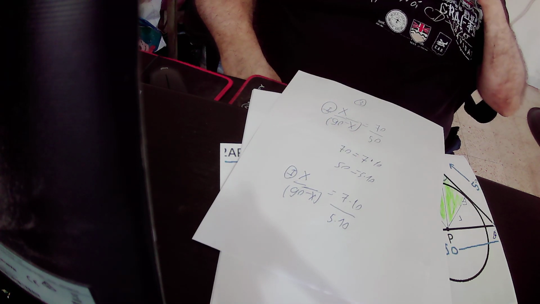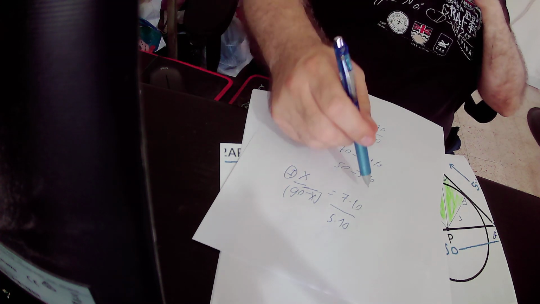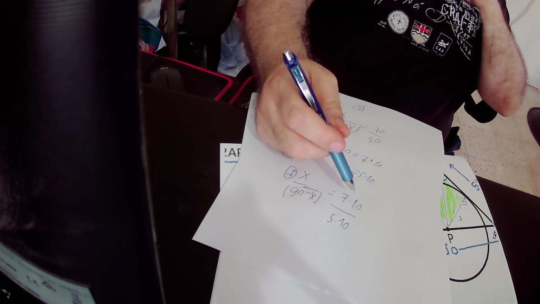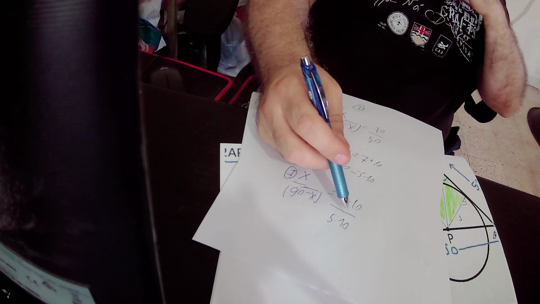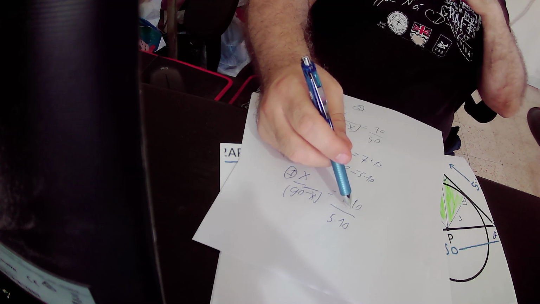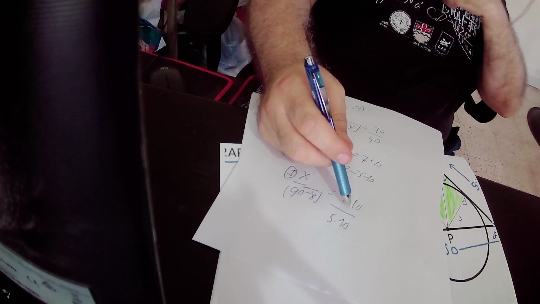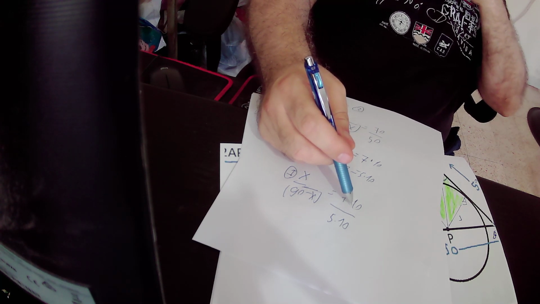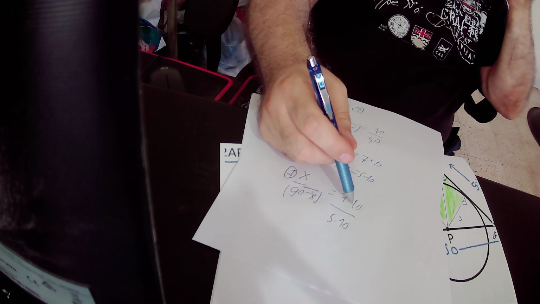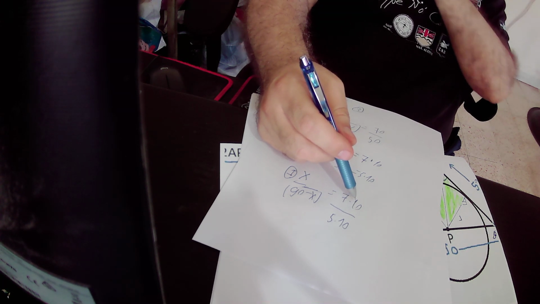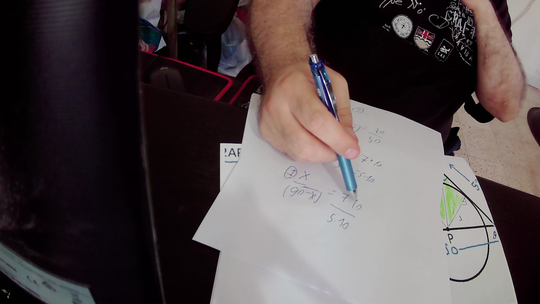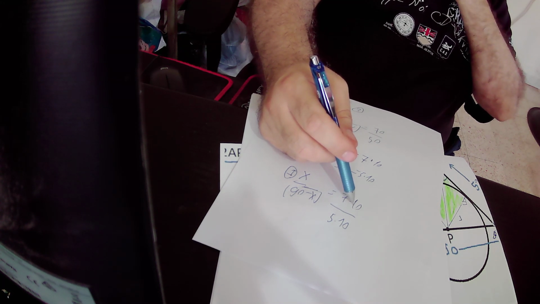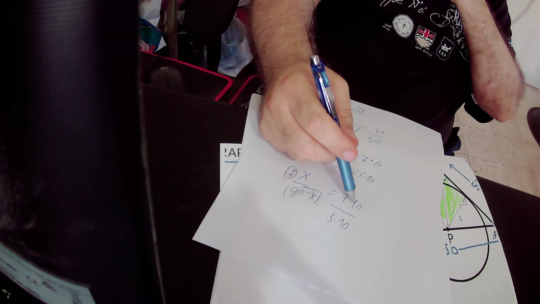So we have 10 in the numerator, and we have also 10 in the denominator. So we can cancel 10 because we have 10 in the numerator and in the denominator.